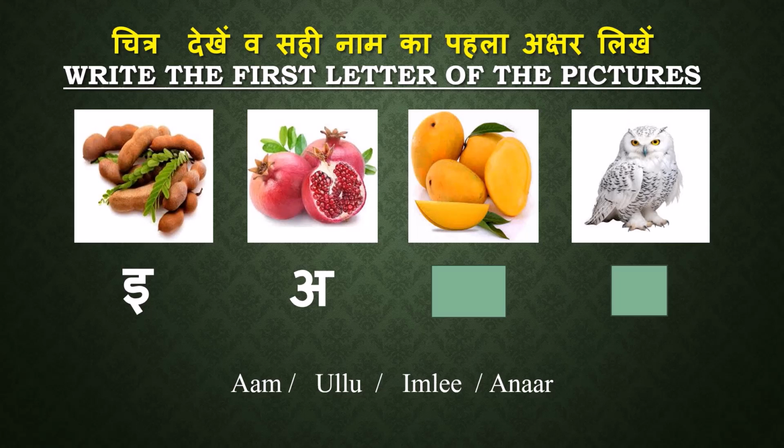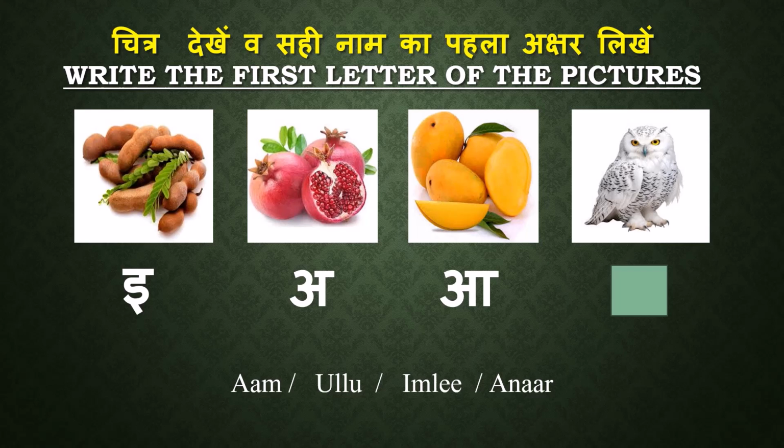Next picture is mango. And mango in Hindi is known as, correct, aam. So what is the first letter of aam? It is a. Correct. The last picture is of an owl. And the Hindi name of owl is ullu.